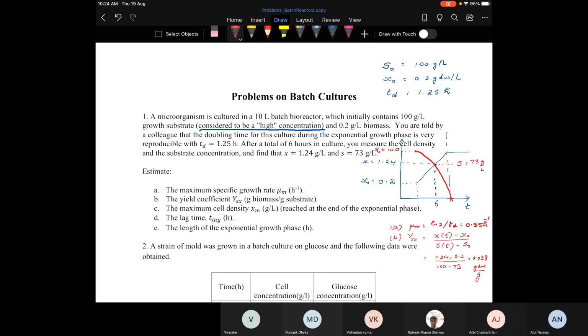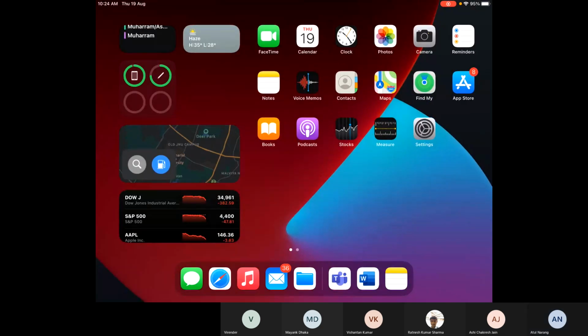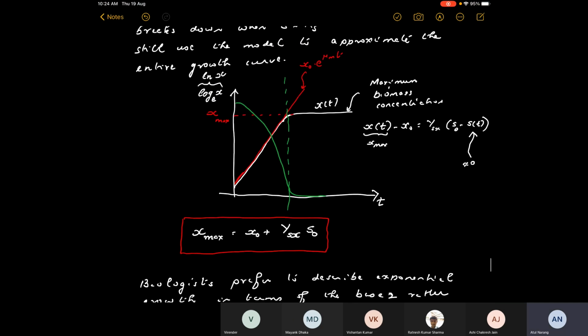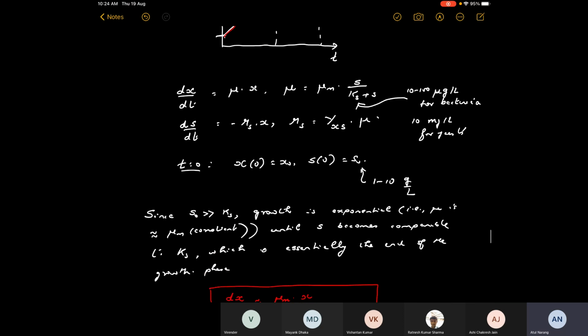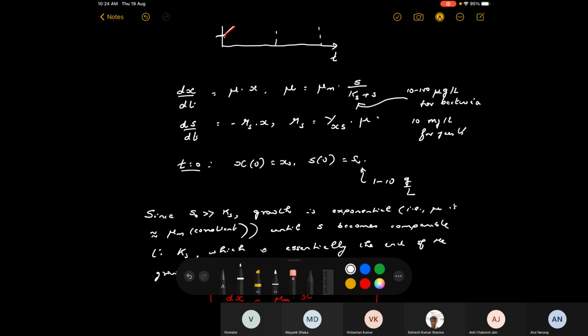Going back to the notes, if at the starting point I could not hold this assumption, I couldn't do it the way I did it.